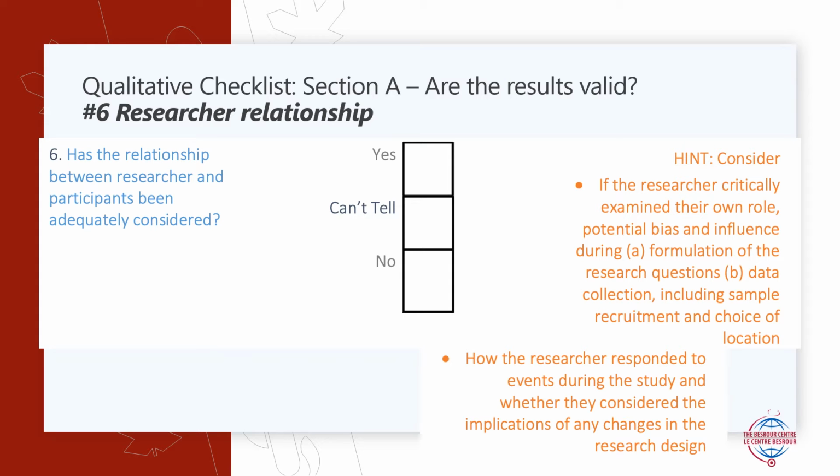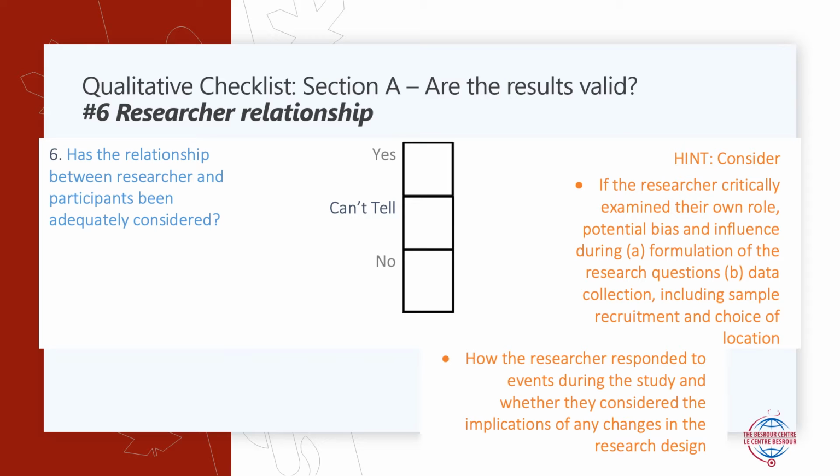The final question in the section around are the results valid is whether the authors considered the relationship between the researcher and the participants. This is an important part of qualitative research, to critically examine your own role as a researcher, especially in terms of potential bias and influence during either or both the formulation of research questions as well as data collection.